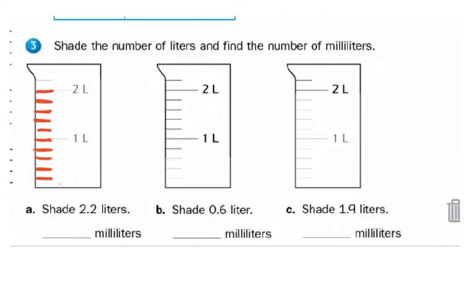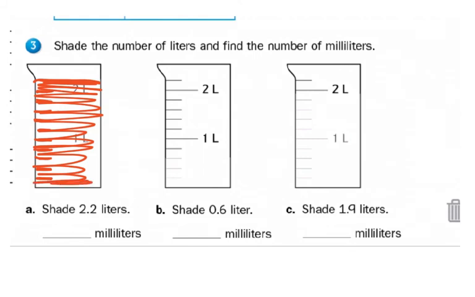So it goes up by 2/10. So if I'm going to shade 2 2/10, I'm going to shade one line above the 2 liters. The 2 liters would be the same as 2,000, and 2/10 is the same as 200.